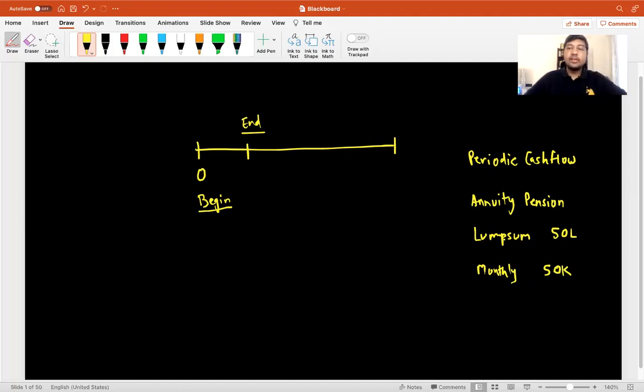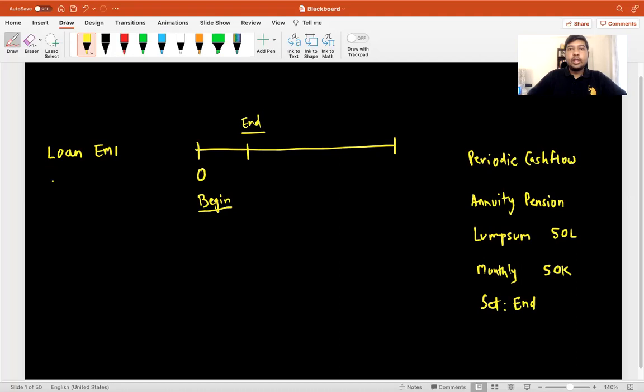So in this case, if it is a regular annuity plan and you are going to get a monthly annuity, the first annuity starting after 1 month, then in this example, the set that you will be taking is end.